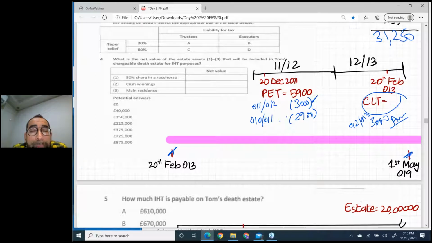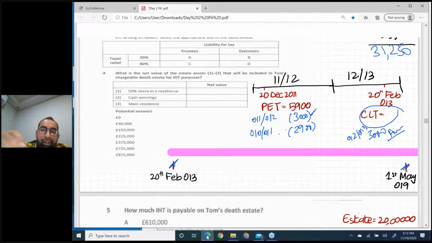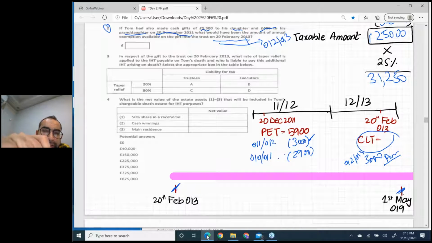And I hope you remember these rules of payments. Who is responsible to pay additional IHT on CLT? That are trustees. Trustees normally pay. So your answer is, taper relief rate is 80% and trustees. This is the right matrix.